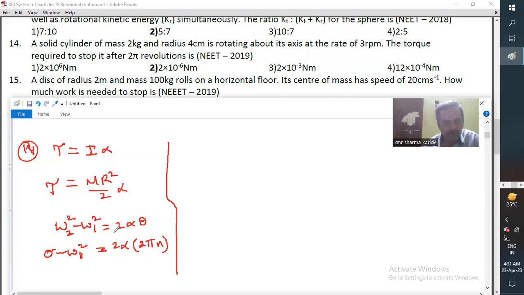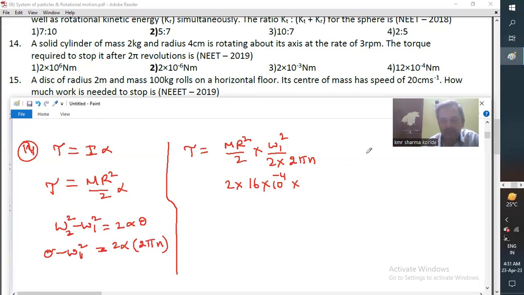So torque is equal to mr square by 2. Now alpha can be omega 1 square divided by 2 into 2 pi n. Okay, so m is given as 2 kg, r is 4 centimeter, but in the formula we have r square, so this is 16 into 10 to the power of minus 4, converting centimeter into meter.